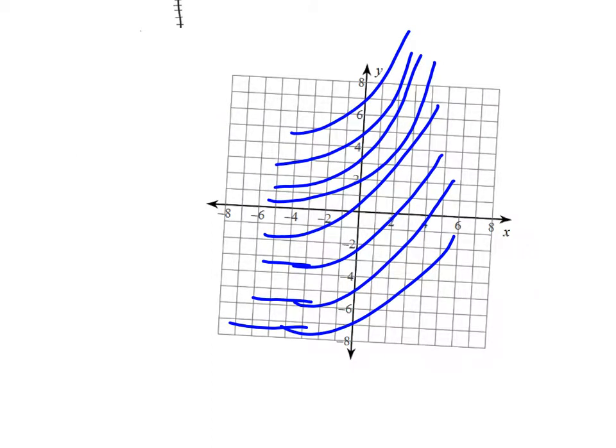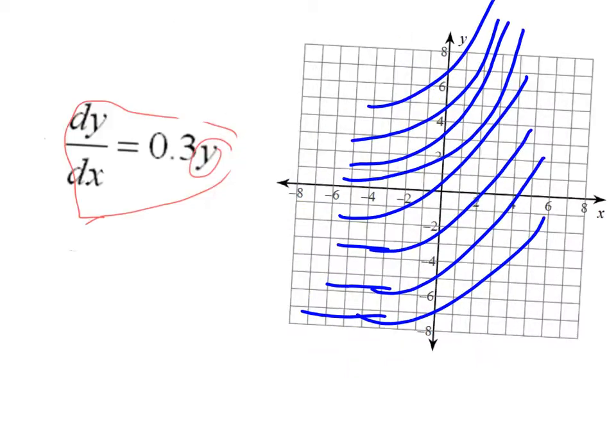Would this be correct if you were to continue doing this process? Pause this video, think about it, and then press play again. If you plug in negative y's, meaning you'll be underneath the x-axis, then you would have negative slopes. So this down here is actually incorrect. It should follow a similar path, but in the opposite direction.